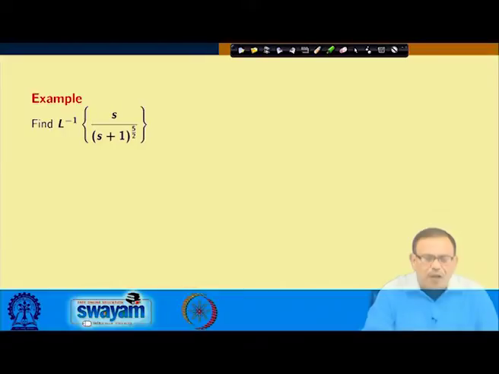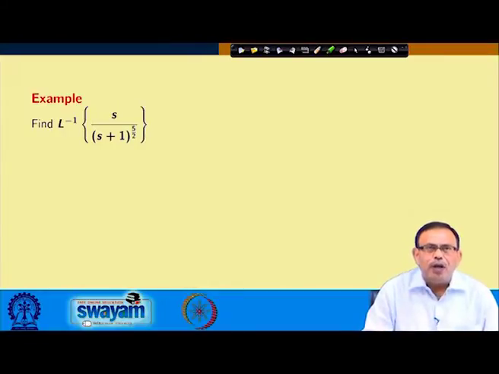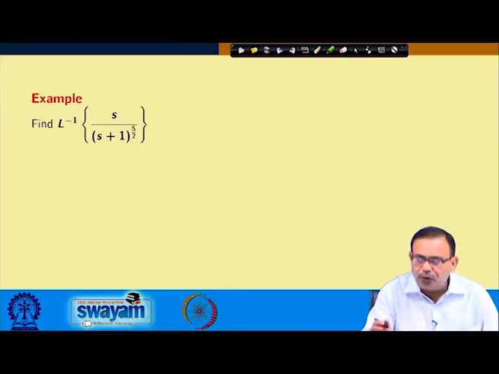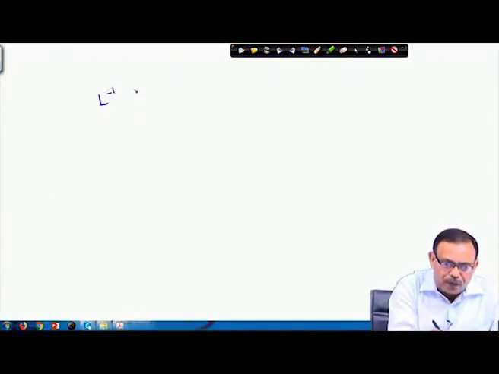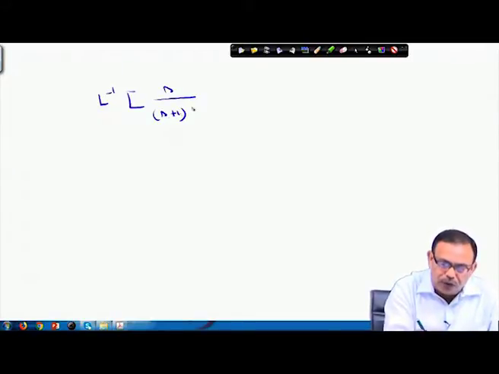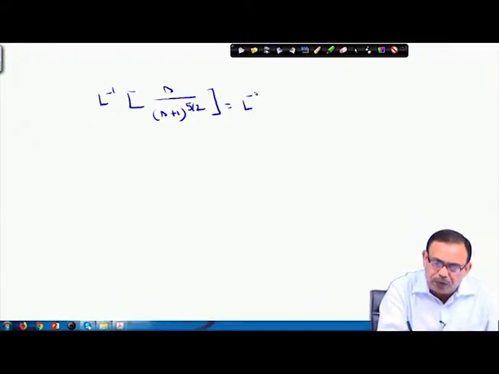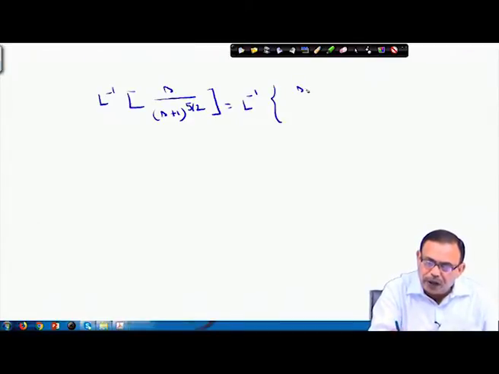Now, let us see this example: Laplace inverse of s by s plus 1 to the power 5 by 2. So, your problem is Laplace inverse of s by s plus 1 to the power 5 by 2. Since s plus 1 is there, obviously I will try to make the numerator s plus 1 minus 1 by s plus 1 to the power 5 by 2.